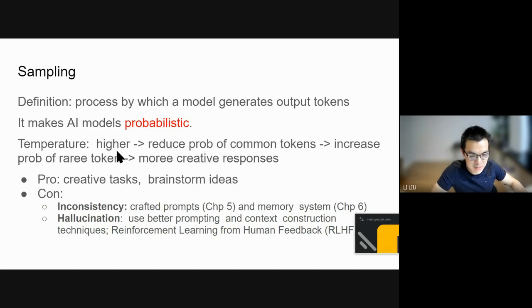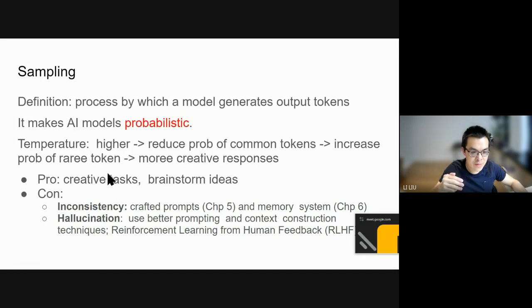A higher temperature will reduce the probability of common tokens, and in return it will increase the probability of the rare tokens. In that way, we encourage the model to give more creative responses. So if you want the model to be more creative in its answer, you give a higher temperature. But if you want a more expected, maybe boring response, use a lower temperature.